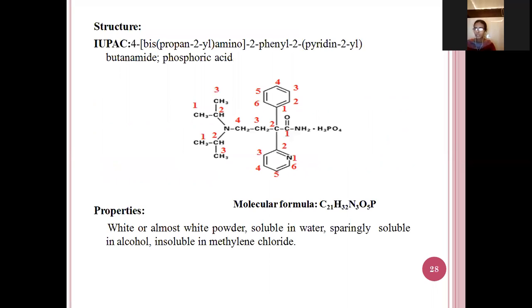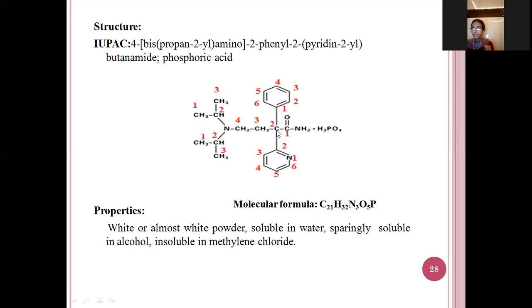So this is the structure and this is the IUPAC name, that is 4-bis(propan-2-yl)amino-2-phenyl-2-pyridin-2-yl butanamide phosphoric acid. If you see the structure here, 1, 2, 3, 4, four carbon atoms are there. So it is butane, and here the amide group is said, so butanamide.